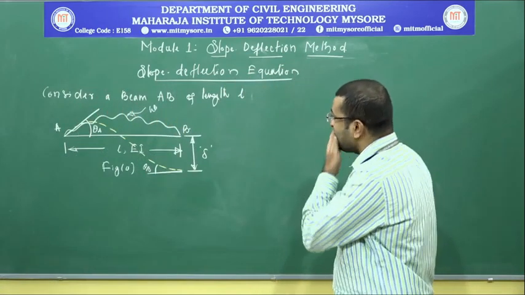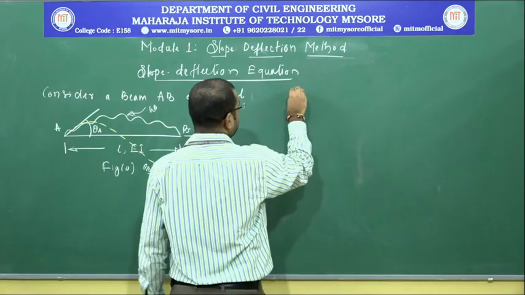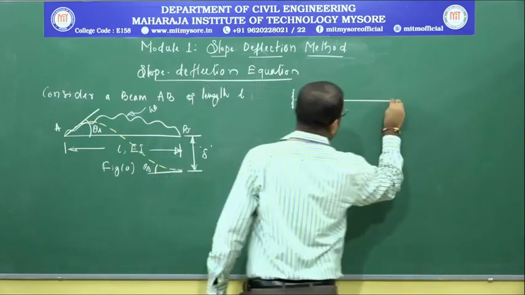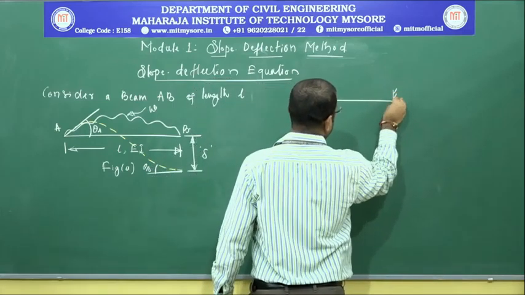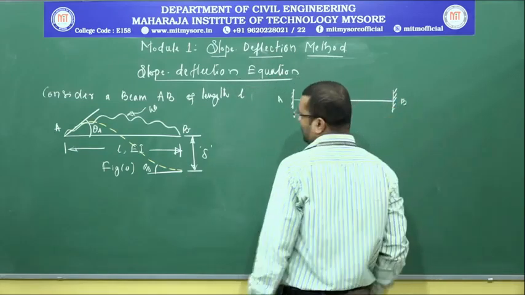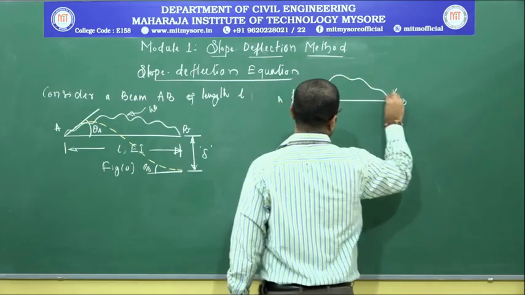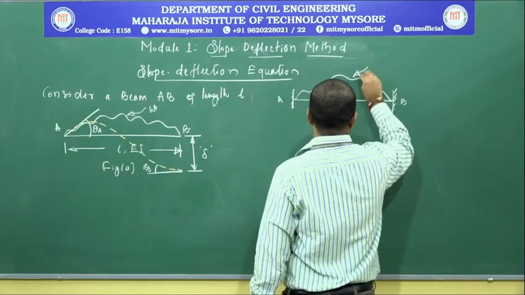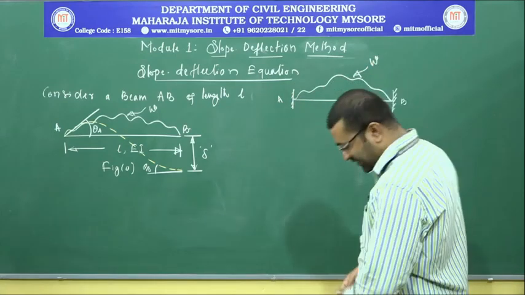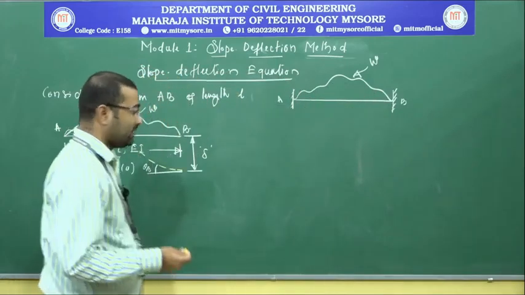Now I will consider the beam AB as it is. Let us say this is beam AB, where I am worrying only about the external loading condition. Let us say this is external load W. Because of this external loading, there may be development of bending moments at the ends.